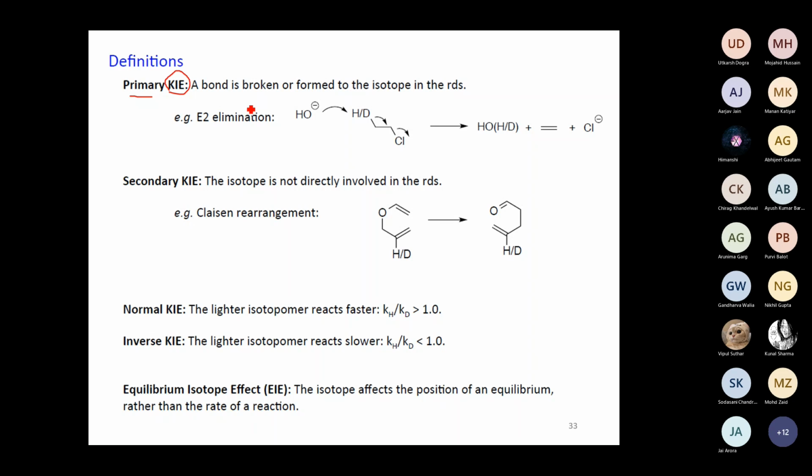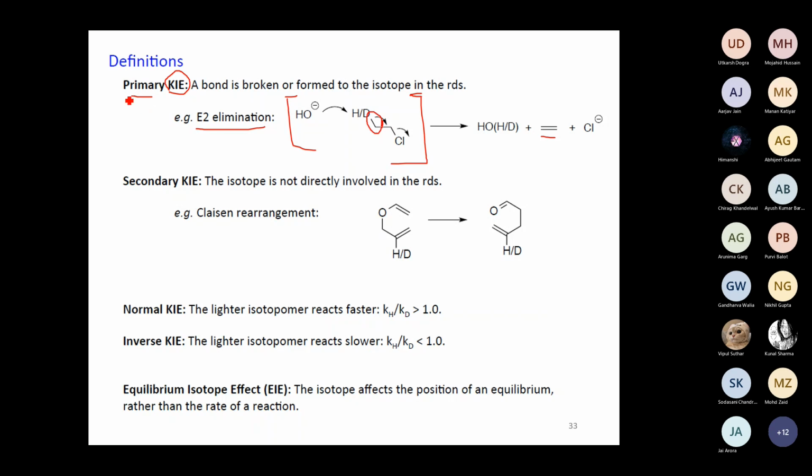If any CH or CD bond is broken in the rate determining step, suppose like an E2 elimination, I'm giving an example in the introductory slide, here you can see this CH or CD bond is being broken, and it's giving ethylene. In the transition state, or rate determining step, CH or CD is being broken.